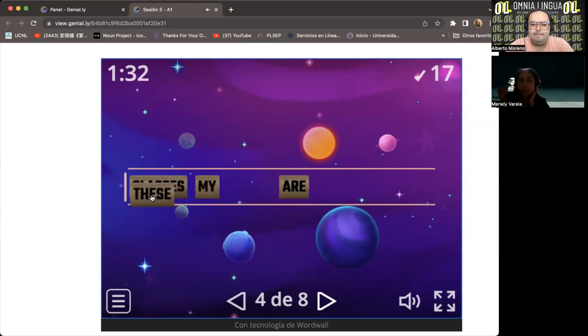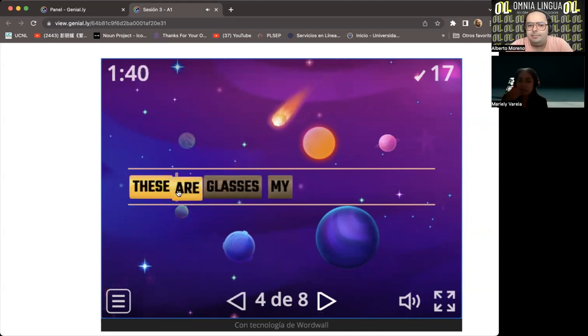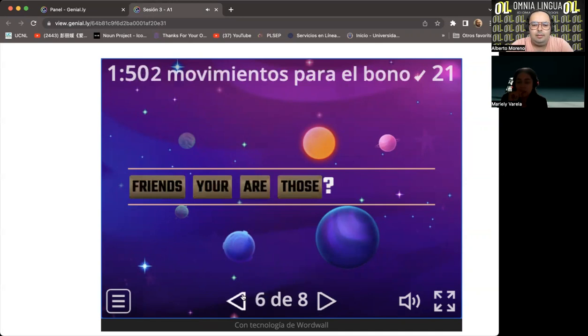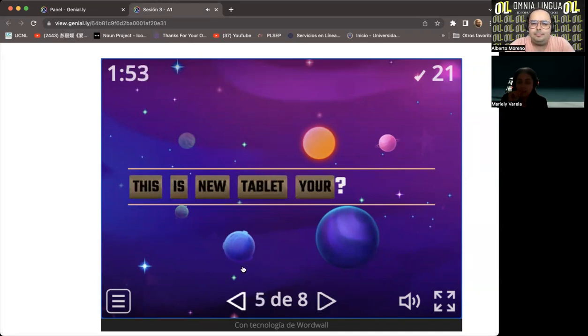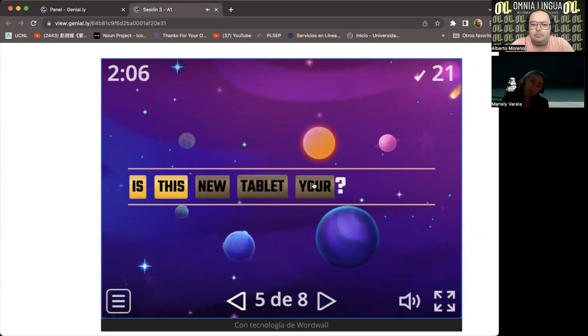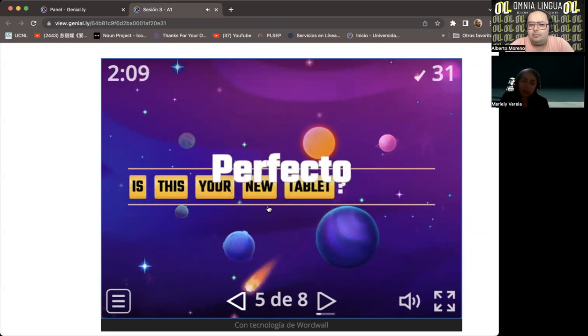This is my... Tenemos aquí otro pronombre demostrativo. These are my glasses. Mis lentes. Pronombre demostrativo. Pero es una pregunta, te ayudo. Is this your new tablet?